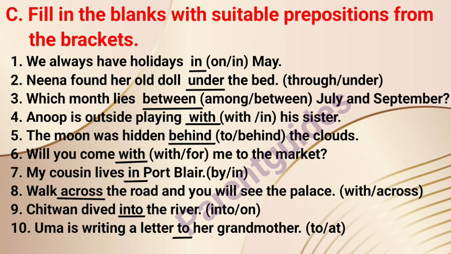The moon was hidden behind the clouds. 6. Will you come with me to the market? 7. My cousin lives in Port Blair. 8. Walk across the road and you will see the palace. 9. Chitwan dived into the river. 10. Uma is writing a letter to her grandmother.